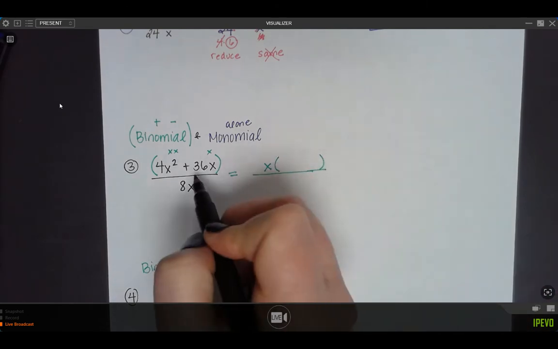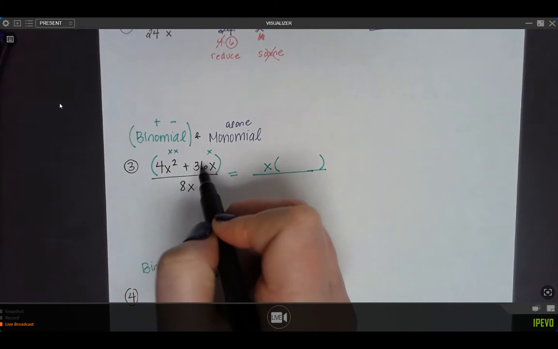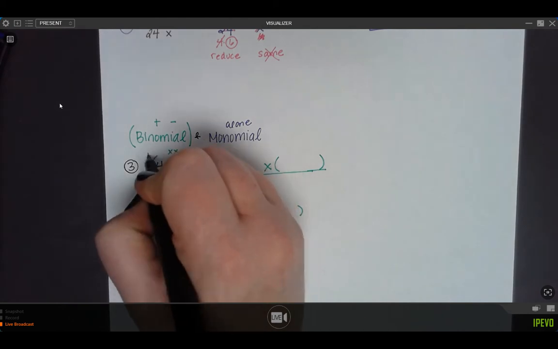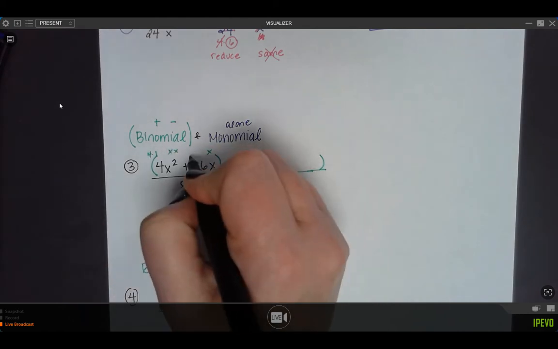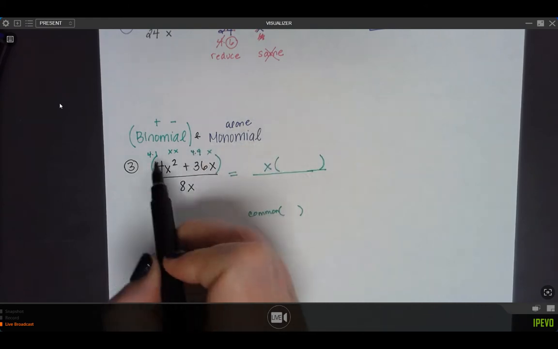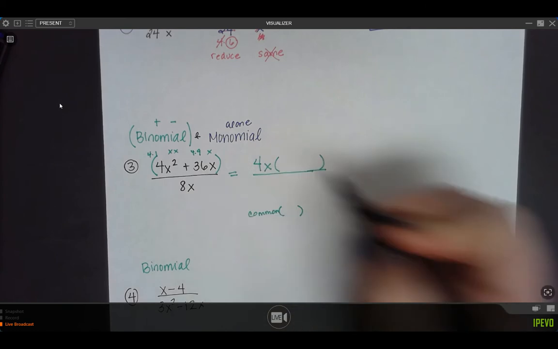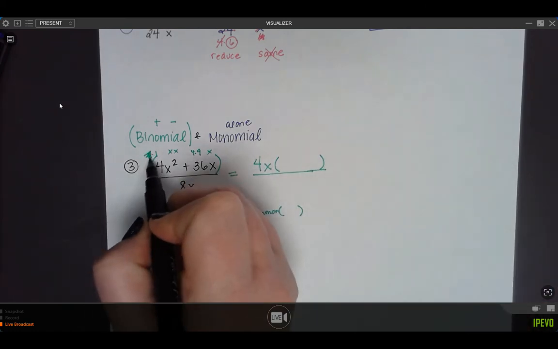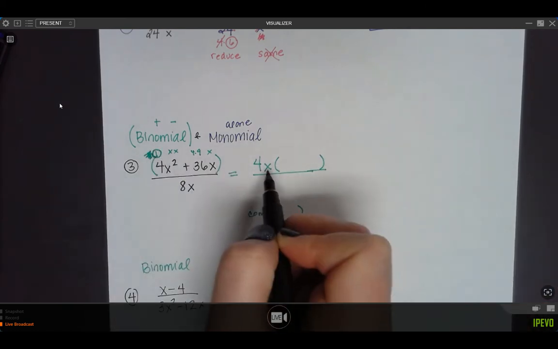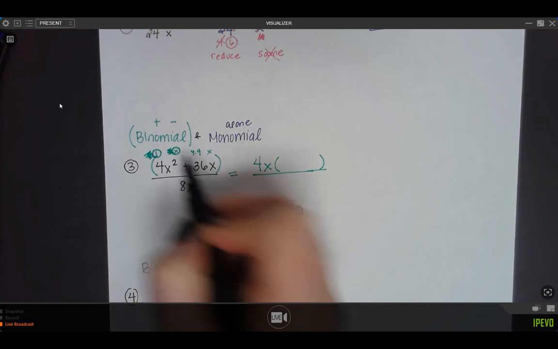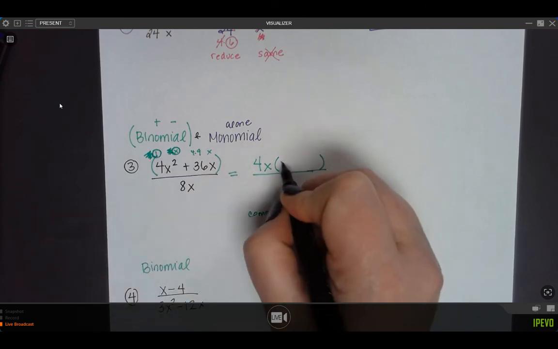I also notice they're both divisible by 4. So 4 turns into 4 times 1, and 36 turns into 4 times 9. So I can take out a 4 and I can take out an x. So if I take out a 4, I have a 1 left over. If I take out an x, I have an x left over. So 1x is going to be in the front.